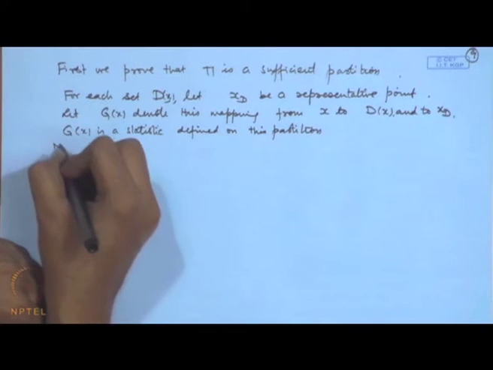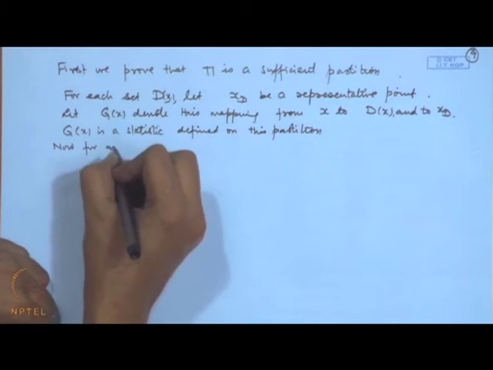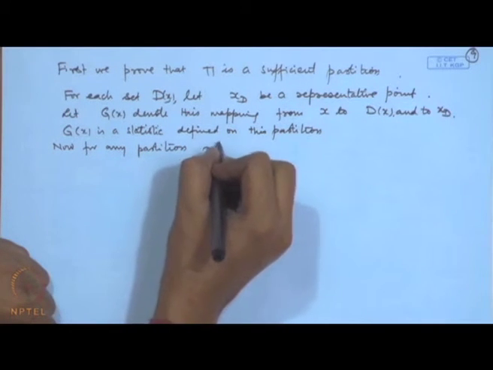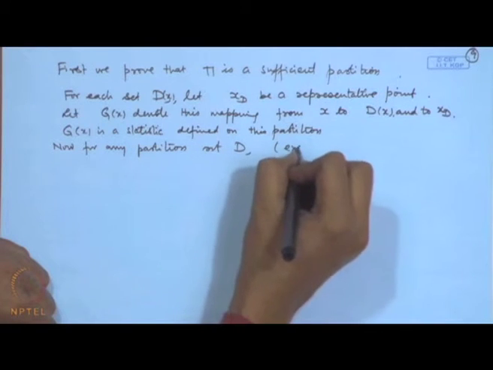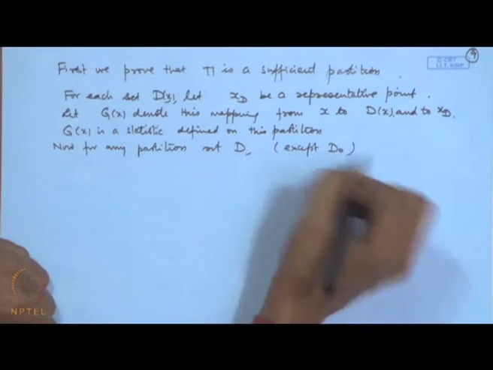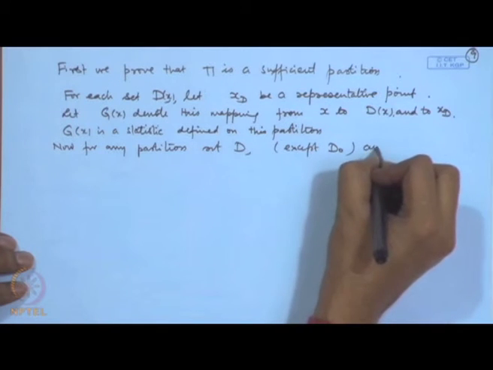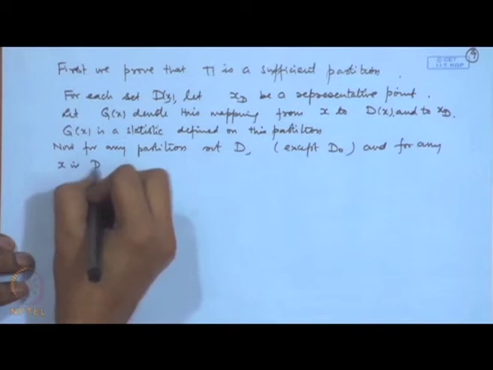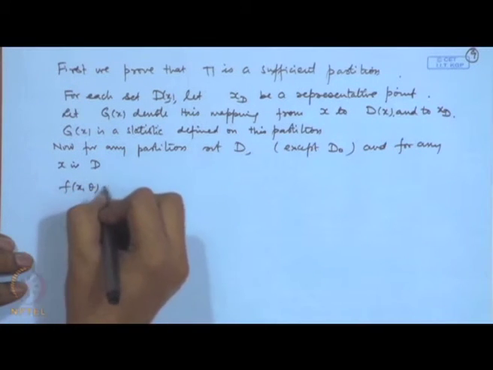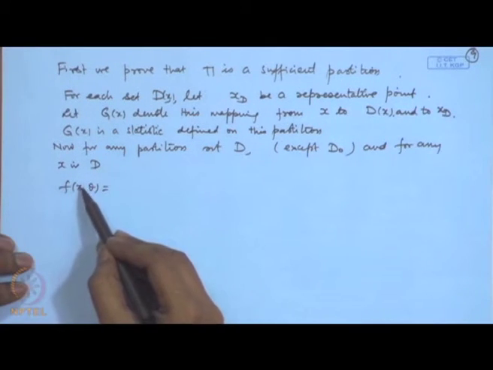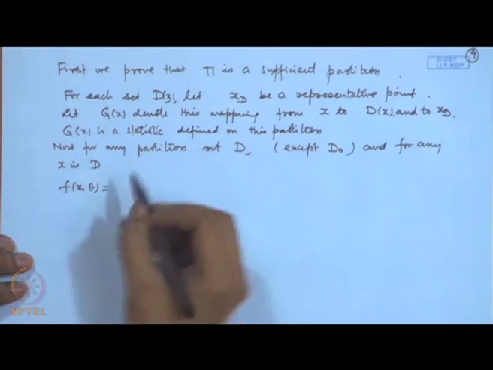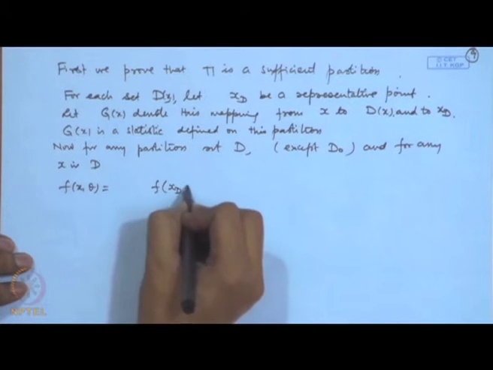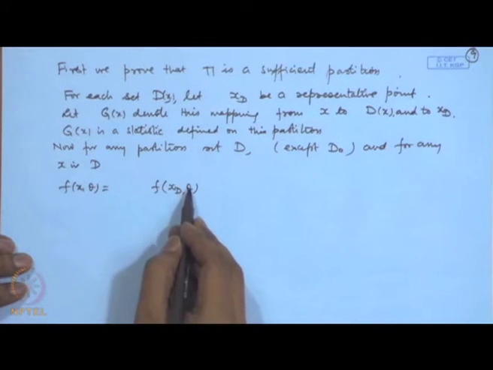Now, for any partition set D, of course, I am not considering D naught where f(x, theta) is 0, and for any x in D, let us write f(x, theta). Now, x belongs to D(x) and x_D also belongs to this. So, f(x, theta) divided by f(x_D, theta) is free from the parameter.